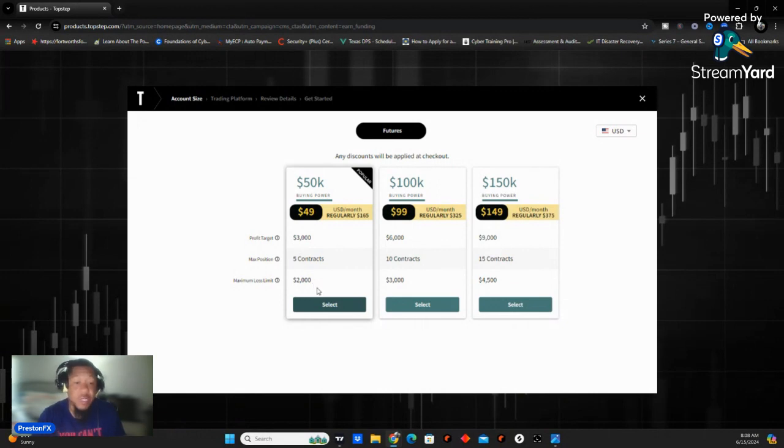So the biggest thing with Nikkei 225 is that you only want to do 1 contract with the 50K account. Reason being, if you go more than 2 or 3 contracts, and you go more than 20 ticks, you will blow your daily 1,000 loss limit for the day. I'm telling you this because I've done it before, so don't do it.